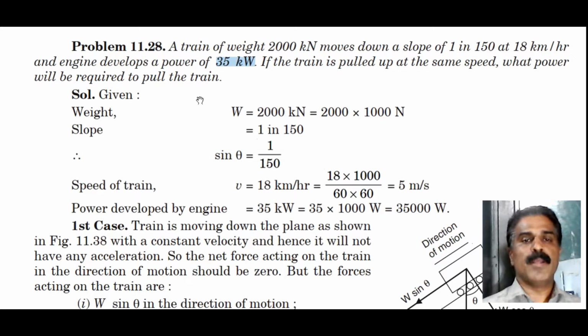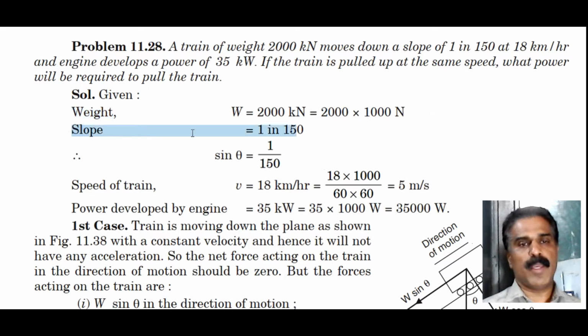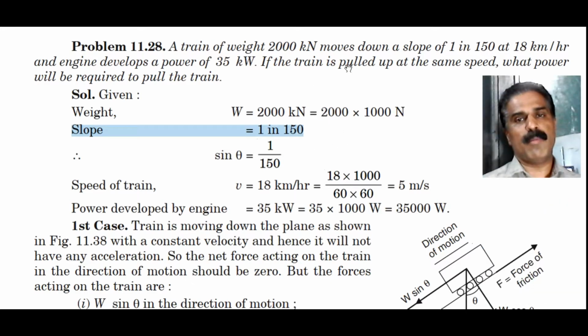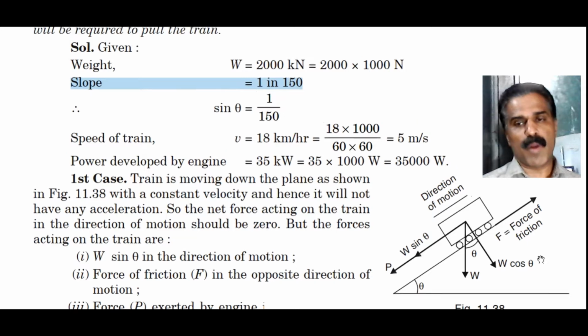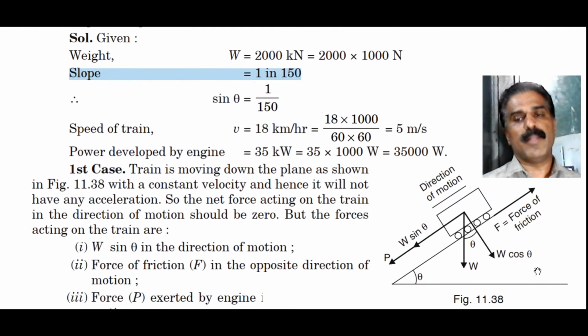So we will solve this like this. The weight W is equal to 2000 kilonewton, and it will be 2000 into 1000 newtons. The slope of the inclined plane is given as 1 in 150. What do you mean by 1 in 150? That means for 150 meters of horizontal distance, 1 vertical distance.